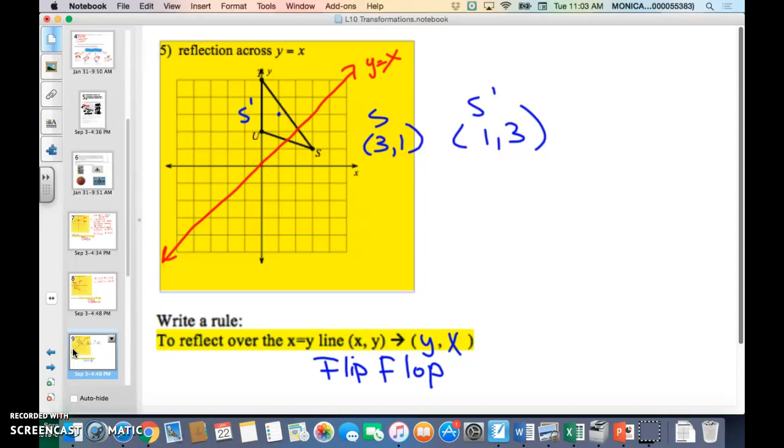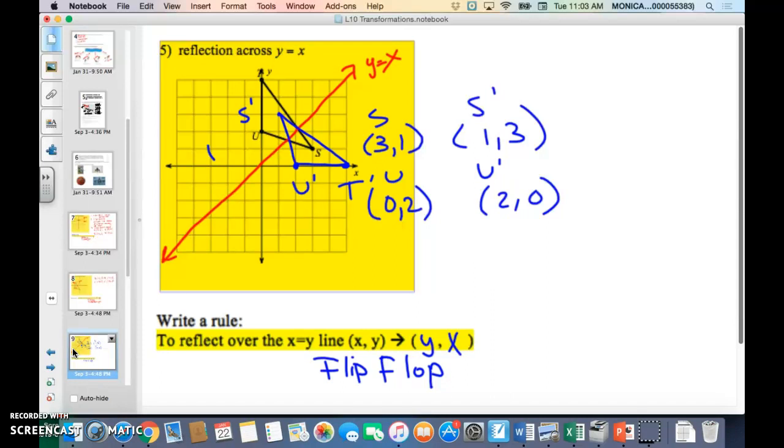So U is at 0, 2. So if you flip it across, you should see that it's going to come down here. U prime, because it's got to make a 90-degree angle, is at 2, 0. And then this one's going to go here. I think that's T. So what you should see is your shape should go this way, which makes sense.